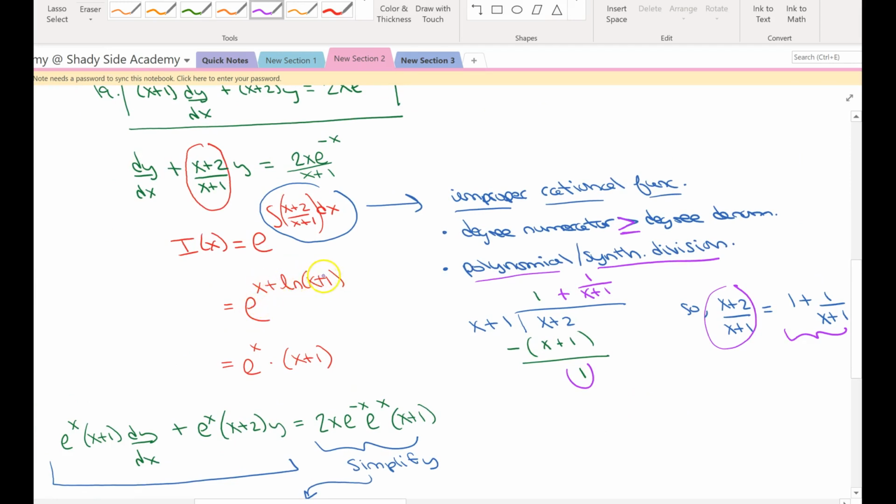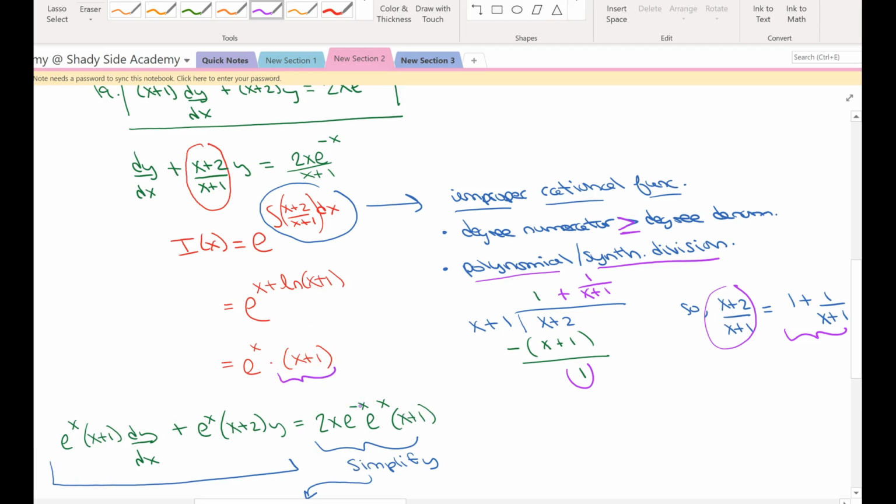Then here's some algebra, properties of exponents. E to the x plus natural log of x plus 1 is the same thing as e to the x times e to the ln of x plus 1, and e to the ln of x plus 1 is just x plus 1.